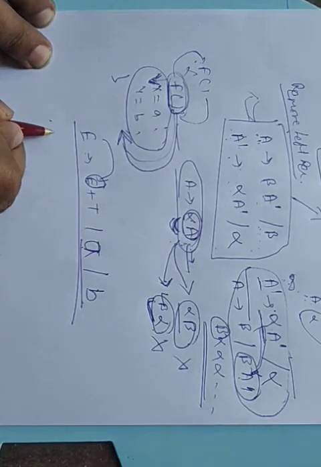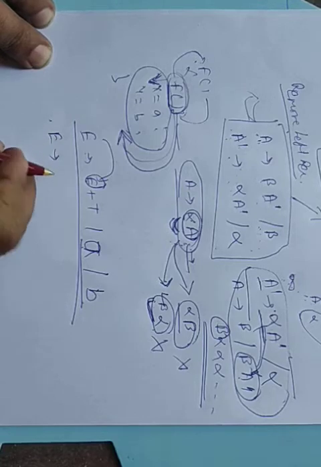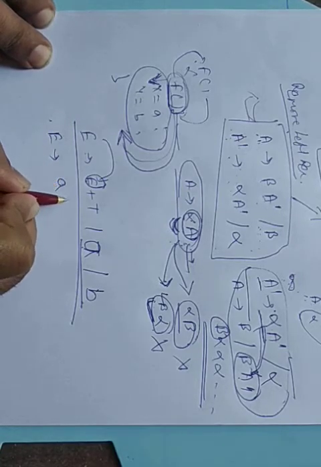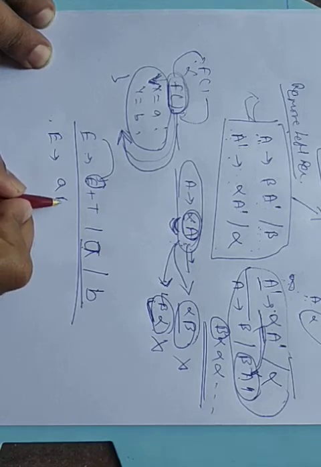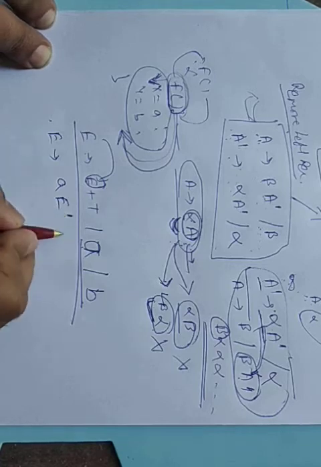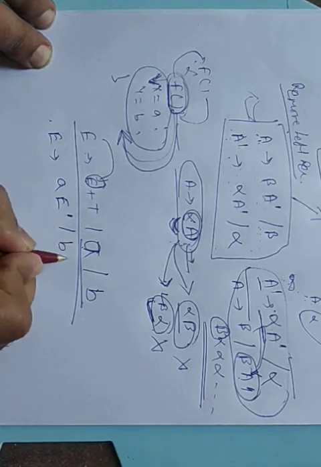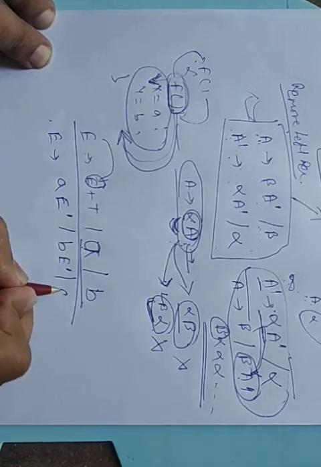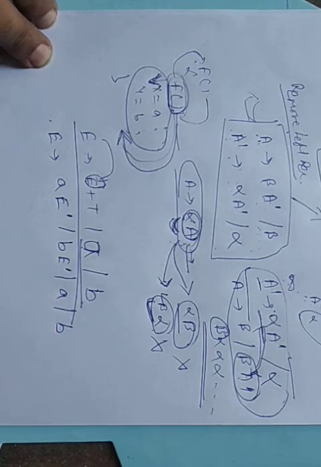So here I am going to use E produces beta A dash, which says A, suppose instead of A dash I am taking E dash, slash B E dash slash A slash B. So this becomes beta.